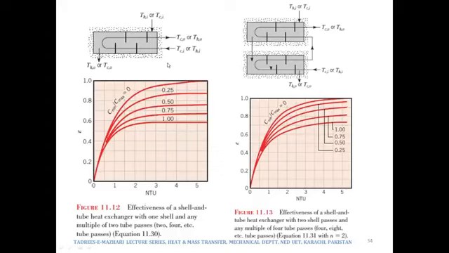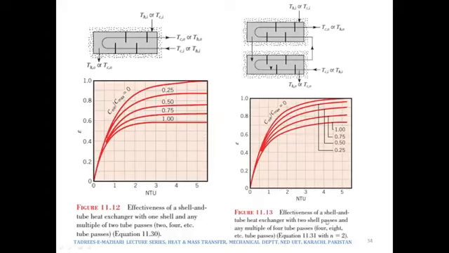So it would depend upon the case. If we have a single shell pass and multiple of 2 tube passes, 2, 4, 6, 8, 10, then we would be able to use this graph.